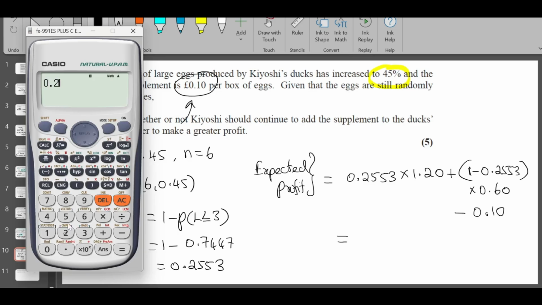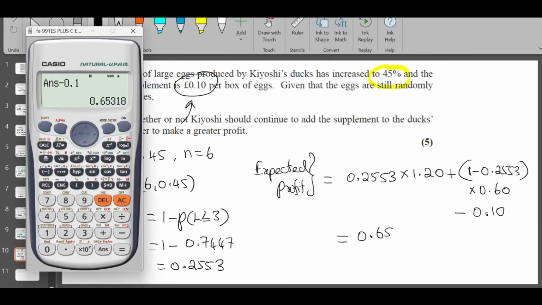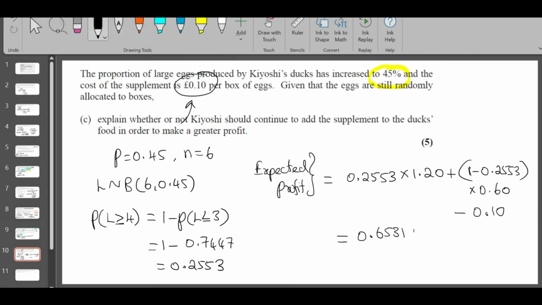So 0.2553 times 1.20 plus 1 minus 0.2553 times 0.60. Get this value, minus 0.1. You get 0.65318.